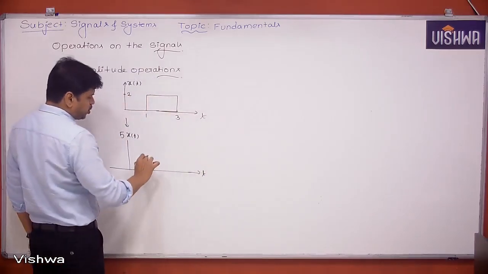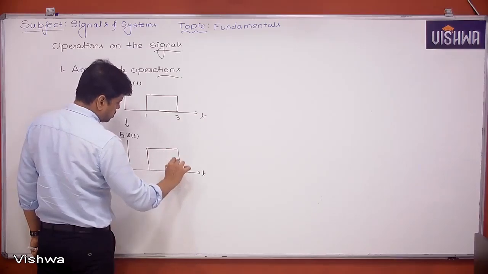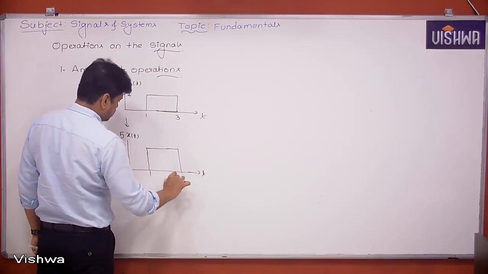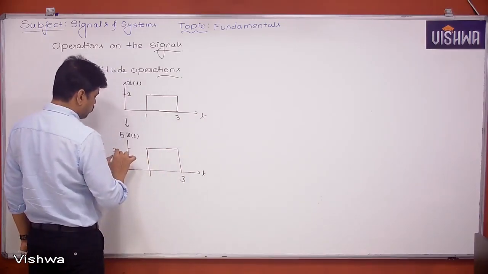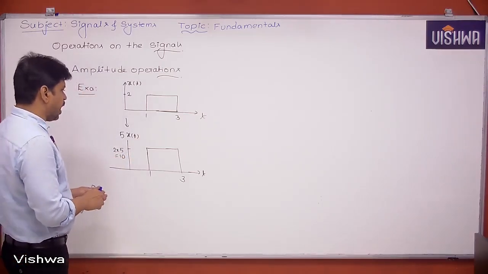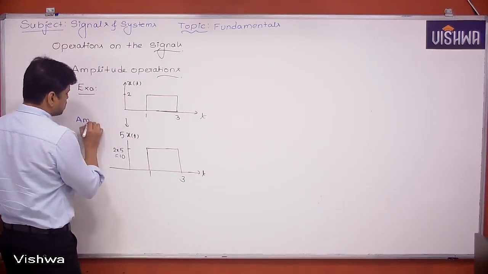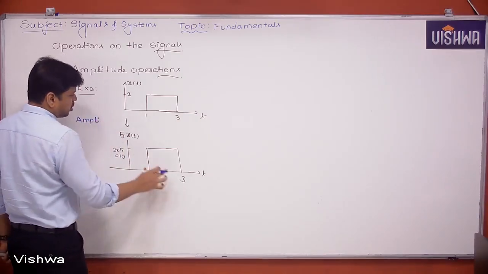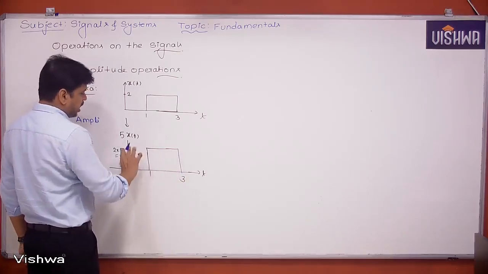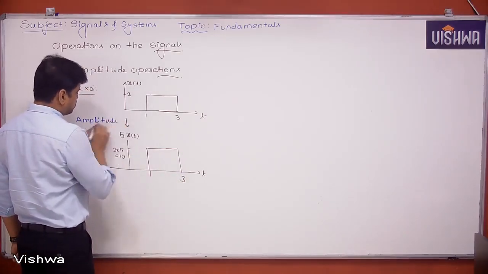Its amplitude is changing. So here between 1 and 3, the amplitude is 2 into 5, which is 10. This operation is called amplitude scaling. So this is also an amplitude operation. I am not doing anything on the time axis. I am changing only the amplitude here, so it is an amplitude operation.